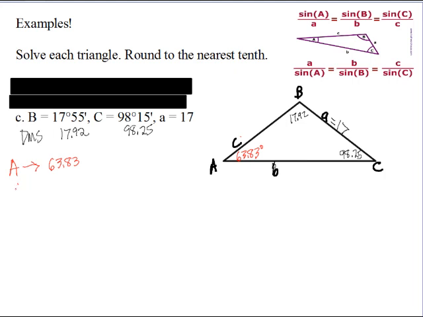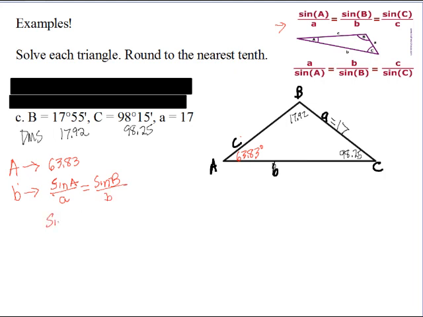We know little a, so let's try to figure out little b. I'm just going to set up your proportion. So we have our A, and we were given little a, so we're going to use sine A over little a equals sine big B over little b.